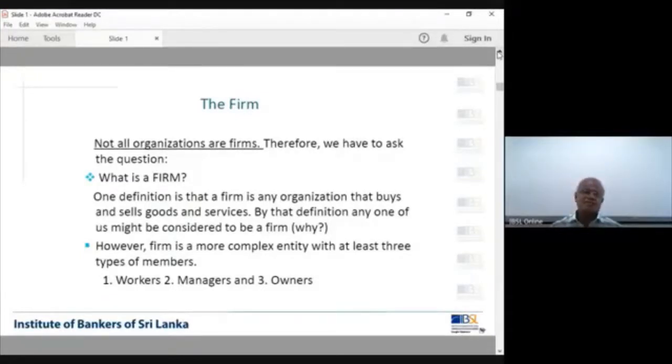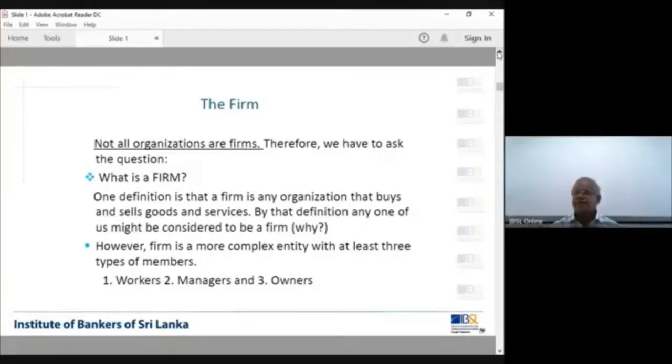Therefore, we have to ask the question, what is a firm? One definition is that a firm is any organization that buys and sells goods and services. By that definition, any one of us might be considered a firm. But that is not a firm, right?